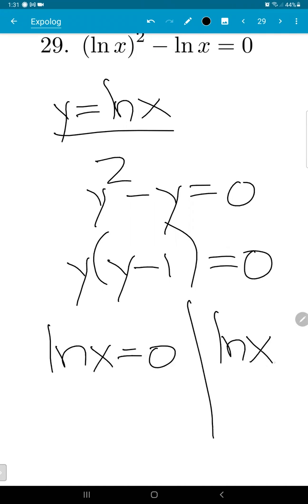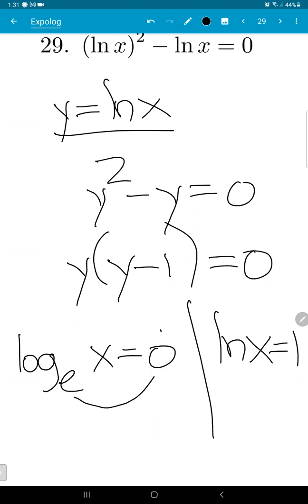Okay, y equals 0 is this one, and y equals 1. And then how do you get the answers given, 1 and e? Don't forget, this is just base e, okay? So if you want to see it this way, you convert this to exponential form. e to the 0 equals x. That's just 1.